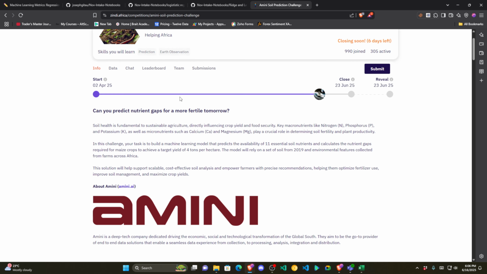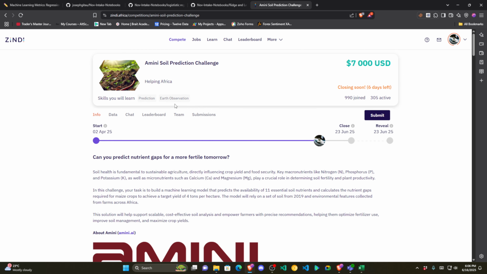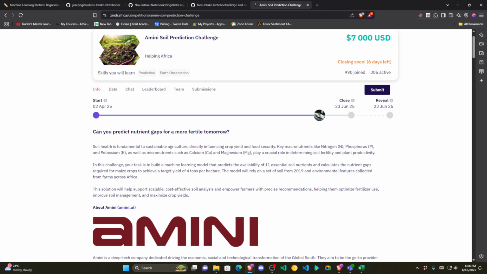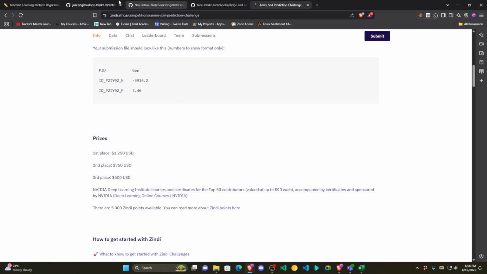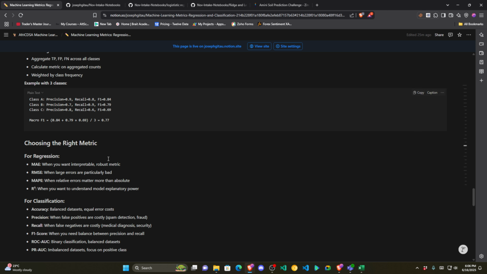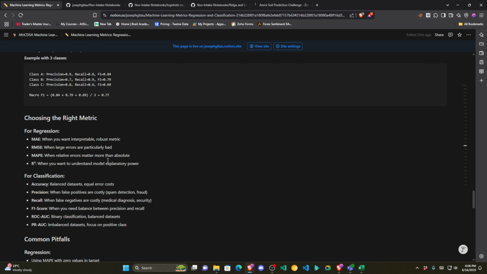Okay, and why are they using the root mean squared error? Because this problem is, can you predict the nutrient gaps for a more fertile tomorrow? When you are dealing with crop data, it means that the scale at which your values will be at is quite huge.